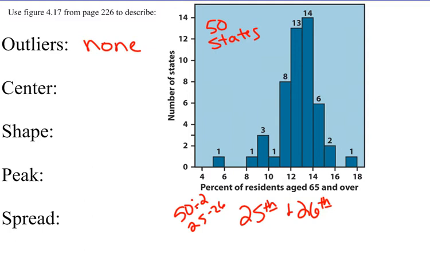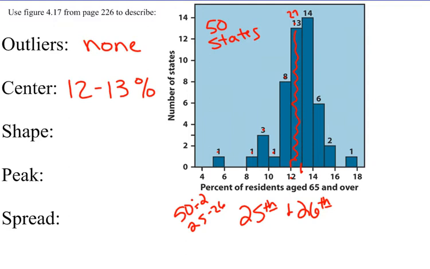So to find that, I'm going to say, okay, 1 plus 1 is 2, 5, 6, 14, 27. So I go through my 27th state with that bar right there. That's telling me that this right here is where my center is occurring. So that's between the 12th and 13th percent listed. And again, we don't have an exact value, but we know it occurs there.